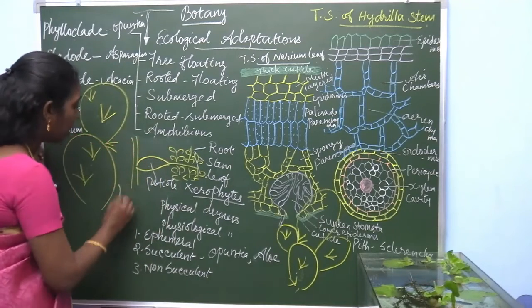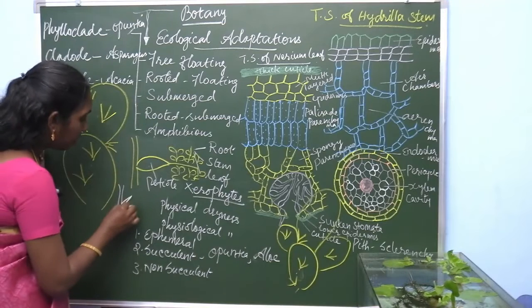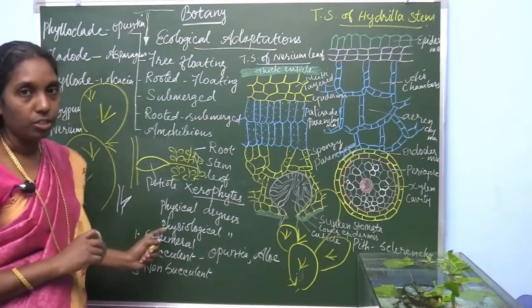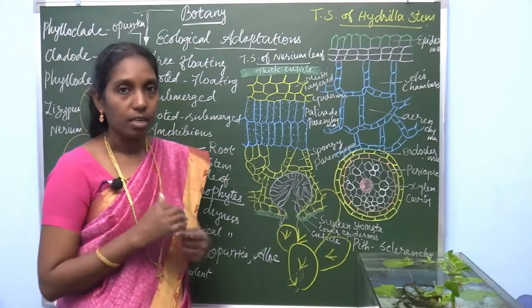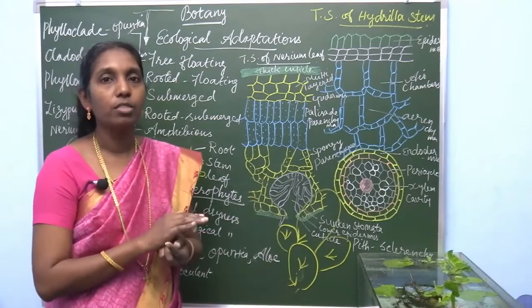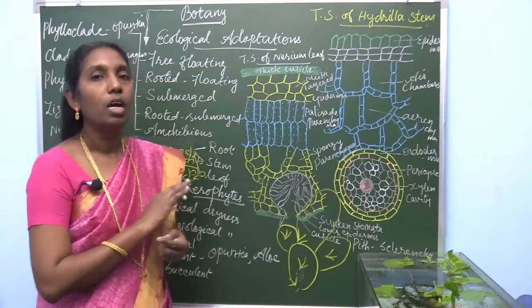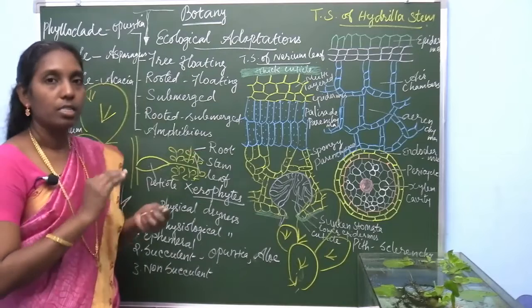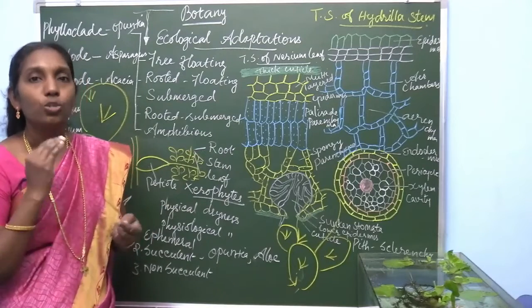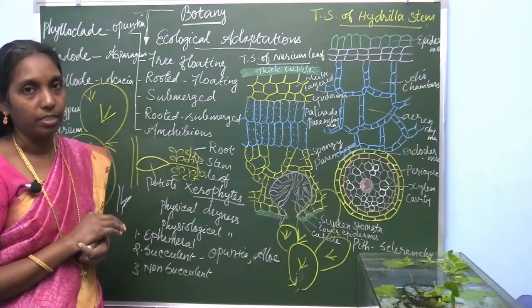Here, this part, the stipules, is modified into spine in Ziziphus jujuba. In Nerium also, the leaf part is reduced into either spine, or the entire body, stem and leaves, is covered with hair-like structures to reduce transpiration.